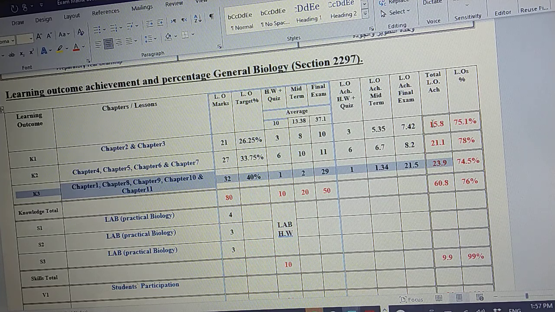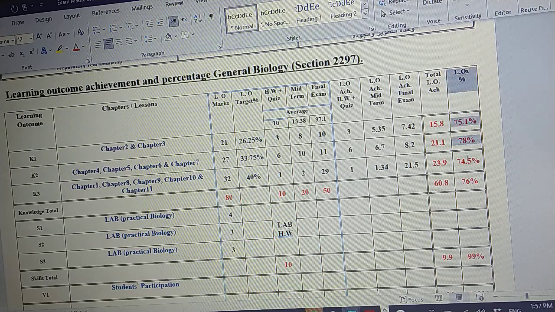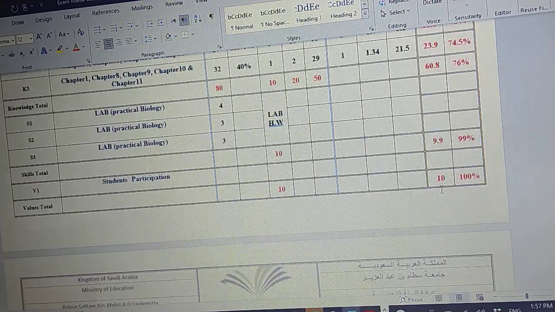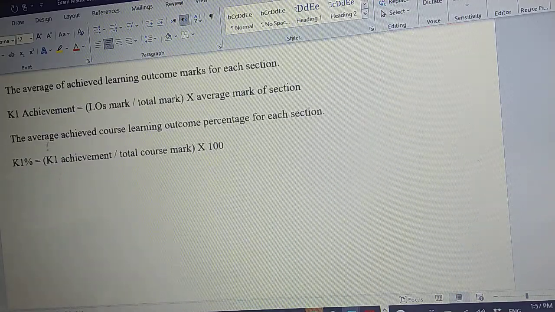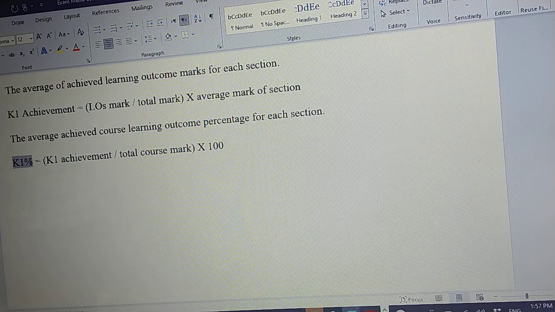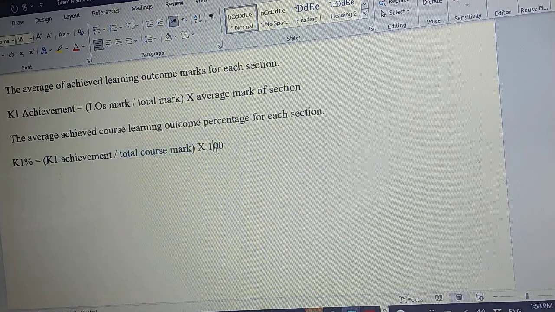When I get the total achievement, I have to get the final data, which is the learning outcome percentage. How can I calculate the percentage? For example, K1 percentage equals K1 achievement divided by total course mark times 100.